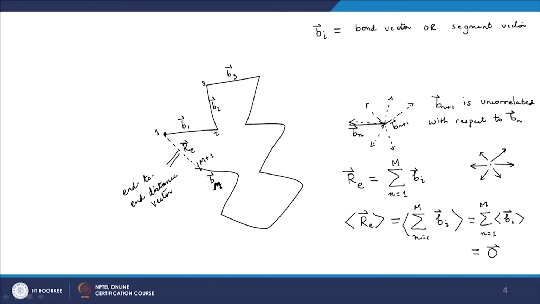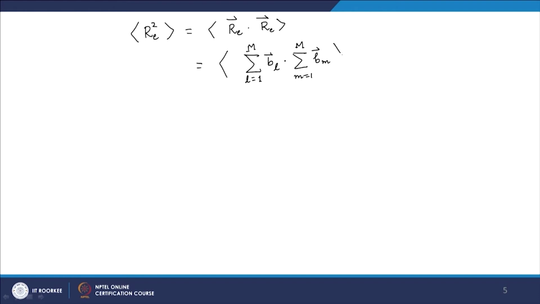Okay. And why is that? Because if I do the R_E square, then this will correspond to the dot product of the R_E, and by the same formula I derived earlier, I can write this as something like that.